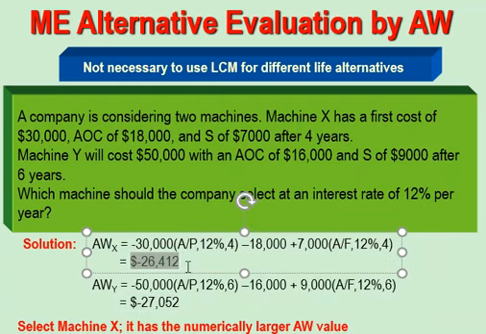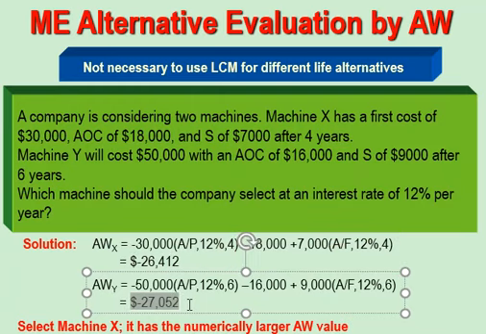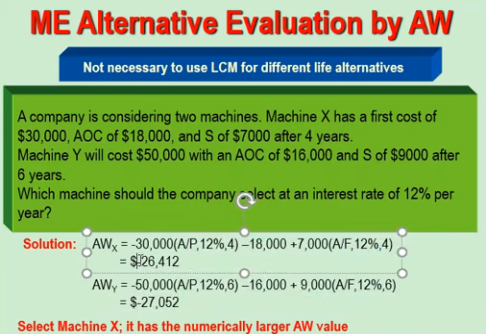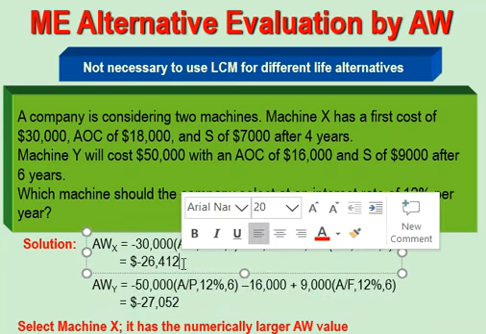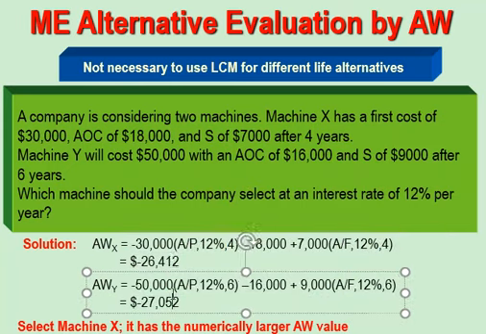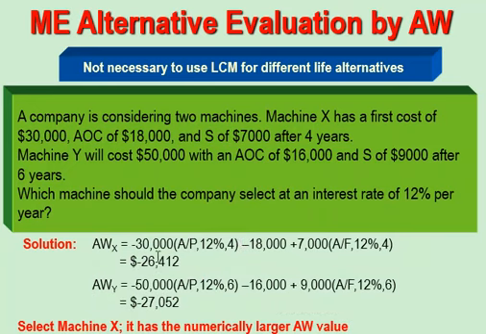So between negative 26 and negative 27, I would rather save $1,000 and get negative 26, because negative 27 means I'm paying more money. It's not good for me. If both are positive, for sure I will choose the higher amount.